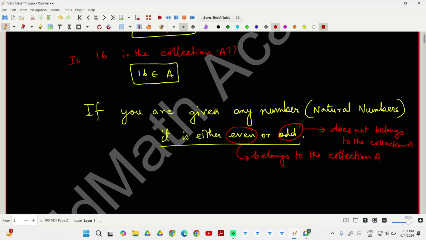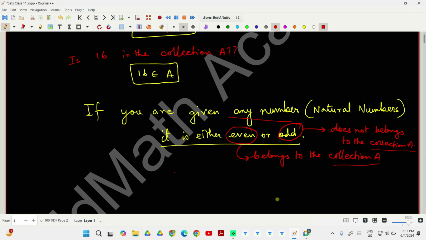If we divide any natural number by 2, then it will be fully divisible by 2, or it will leave remainder 1, right? That is why any natural number is either odd or even. If it is even, then it belongs to the collection A. If it is odd, then it does not belong to the collection.